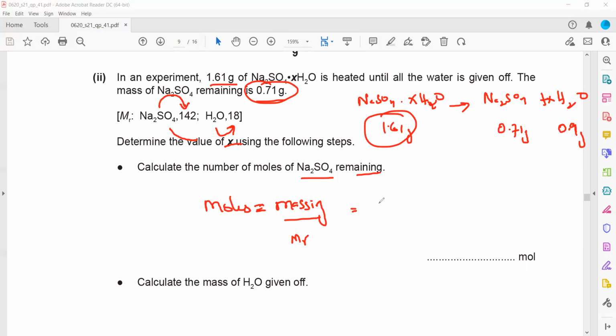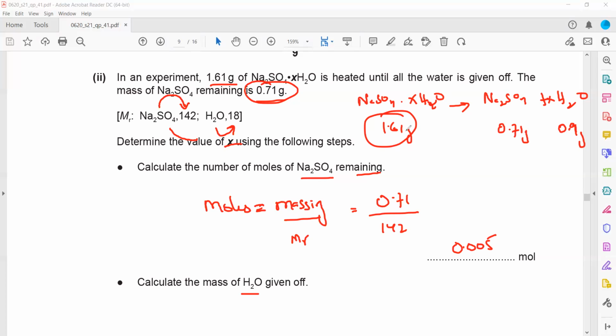So for sodium sulfate, 0.71 divided by the molar mass, 142. This is 0.005. So 0.005 moles of sodium sulfate.